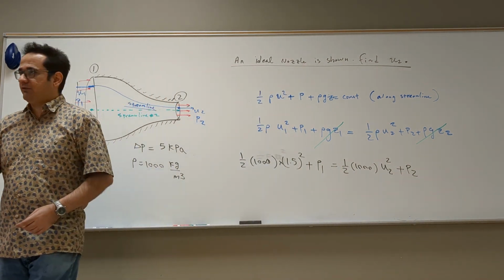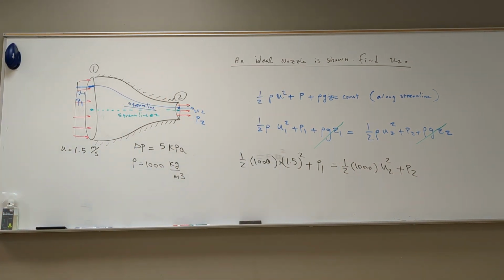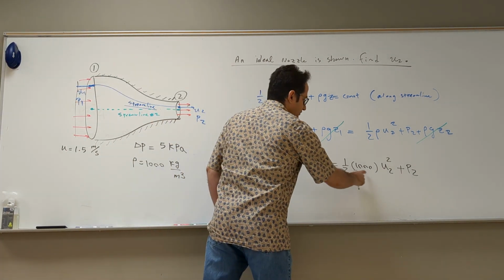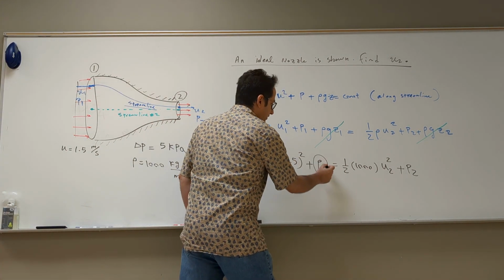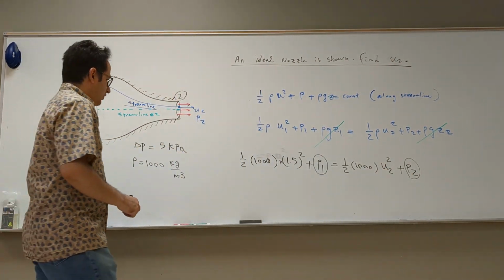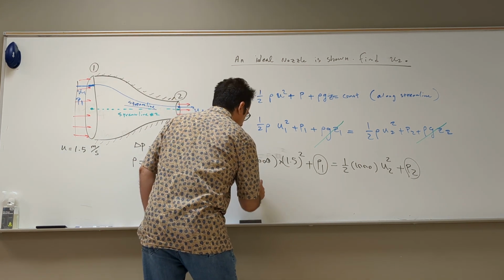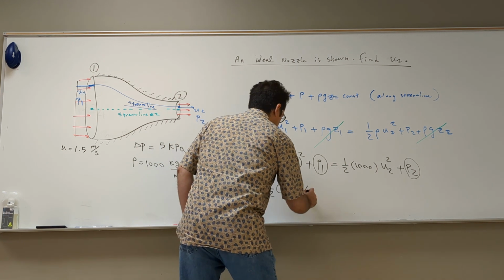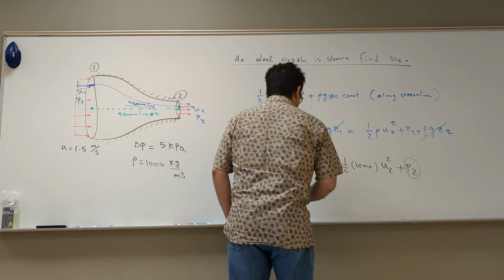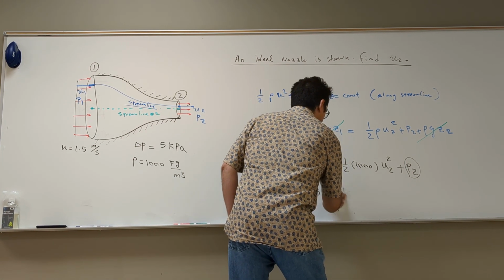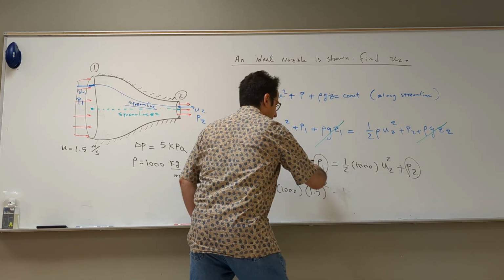Finding the absolute pressure at a point these days is not really a hard thing to do. But what you really need here, if I rearrange this equation, is delta P. That's the reason the question uses delta P, right? So I can do this. I can say 1/2 of 1,000 times 1.5 squared, and shift this to the right, and then you can bring this here, right?